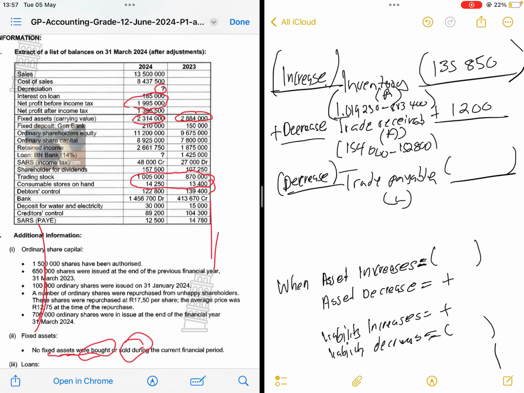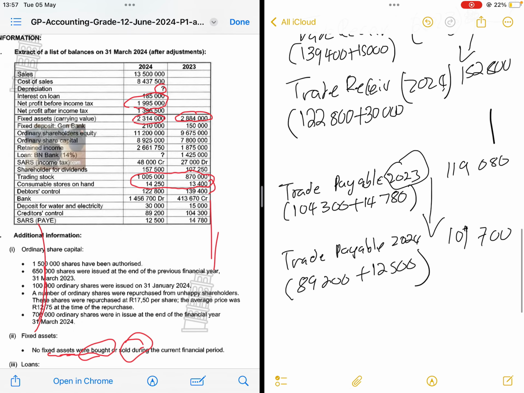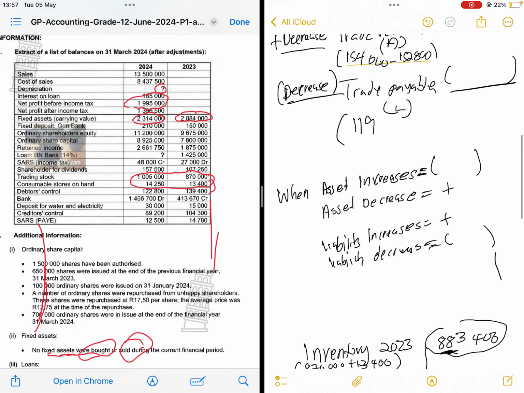Now let's see. You're going to take the difference between 119,080 and 101,700. The difference will be 17,380.